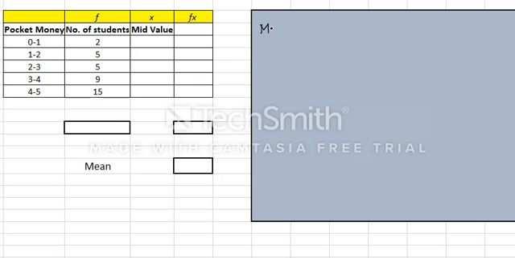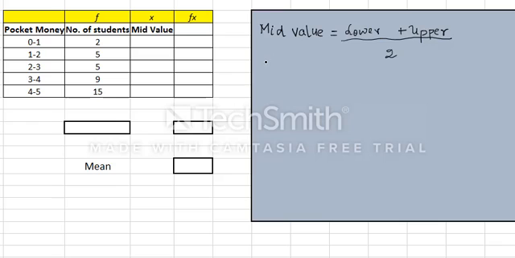Now, the mid value can be calculated for any given data interval, and the mid value is the lower limit plus the upper limit divided by 2. So in other words, it is actually the mean of the lower limit and the upper limit.